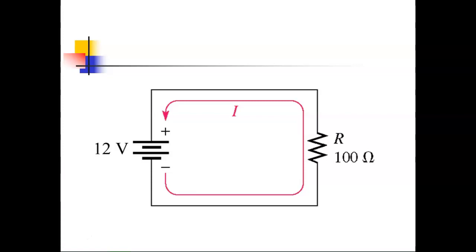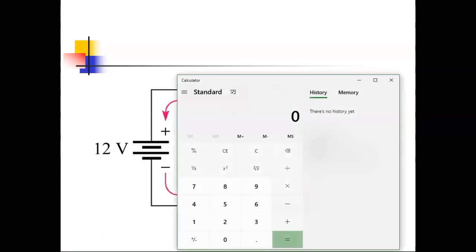All right, so what is the current for this particular problem, guys? Anybody have any ideas? 12. It's voltage divided by resistance.